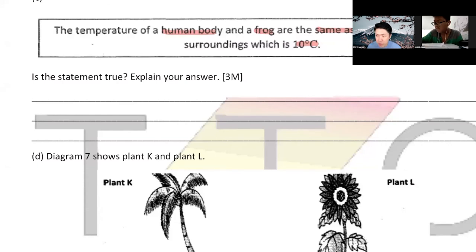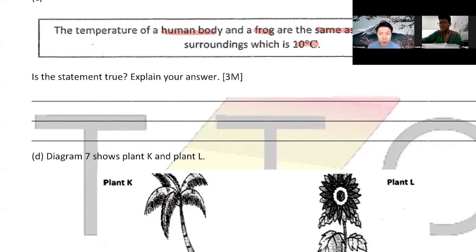Then only we say frog. Opposite. Frog is poikilothermic. That means body temperature will change according to surrounding. So half correct lah. Frog will change when its surrounding is 10, but human body will not change. So we have to explain for human, we have to explain for frog. That's your third mark, ladies and gentlemen.